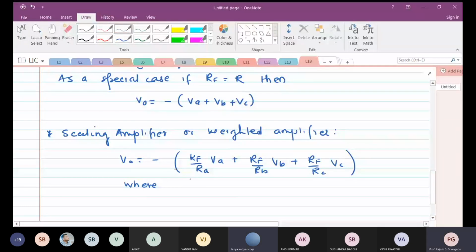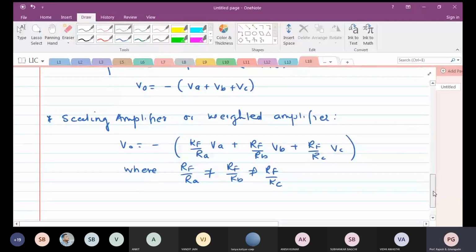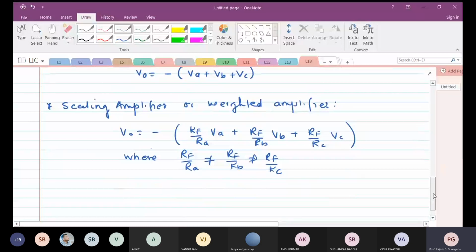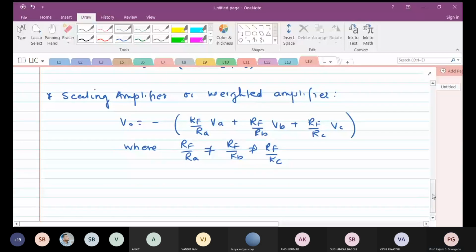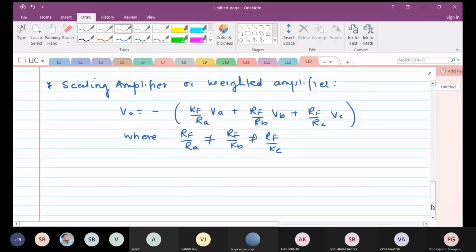So here in this case, RF by RA is not equal to RF by RB, not equal to RF by RC. Now, in what situations do you require such a weighted amplifier? A very simple case would be mixing of different audio channels in an orchestra.